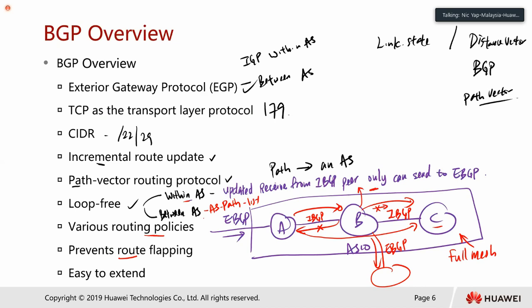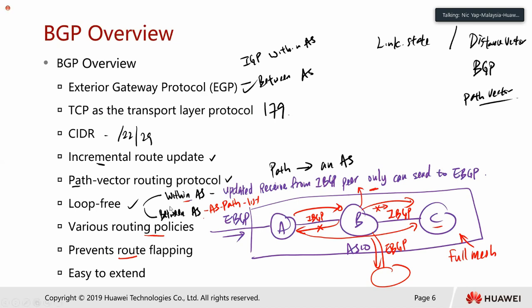Okay? Understood? This is not called split horizon. This is just a principle of the advertisement rules: whatever I receive from an IBGP peer, I will not send to the next IBGP peer. Alright, thank you.